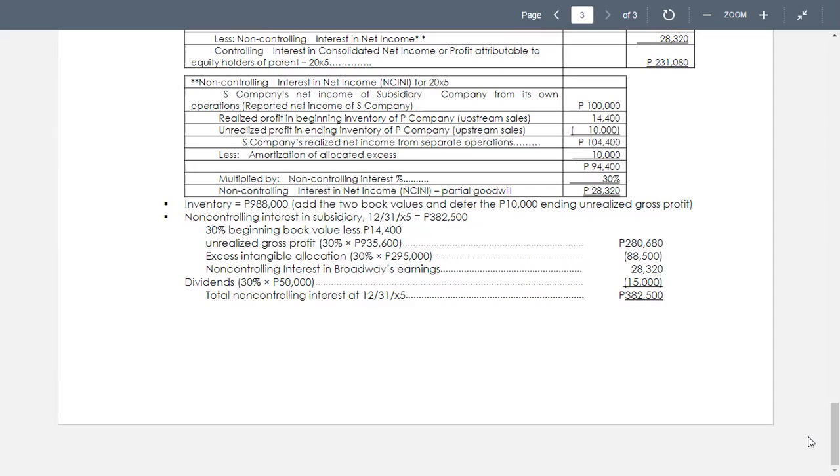So I'll repeat. From P company's realized net income from separate operations of 3,609,000, we are going to reflect the following additions and deductions.